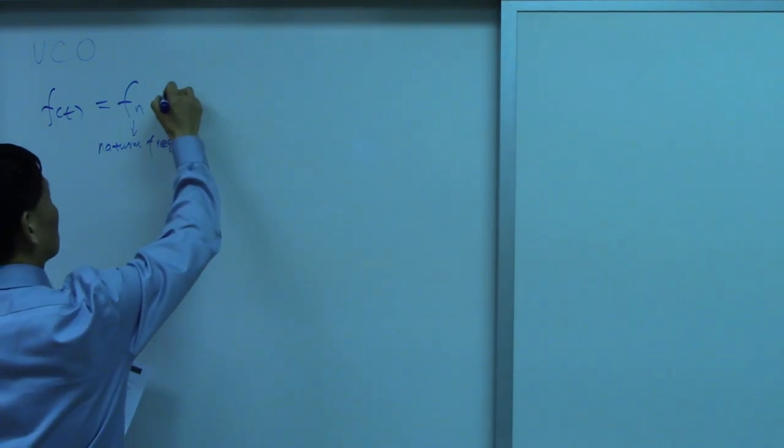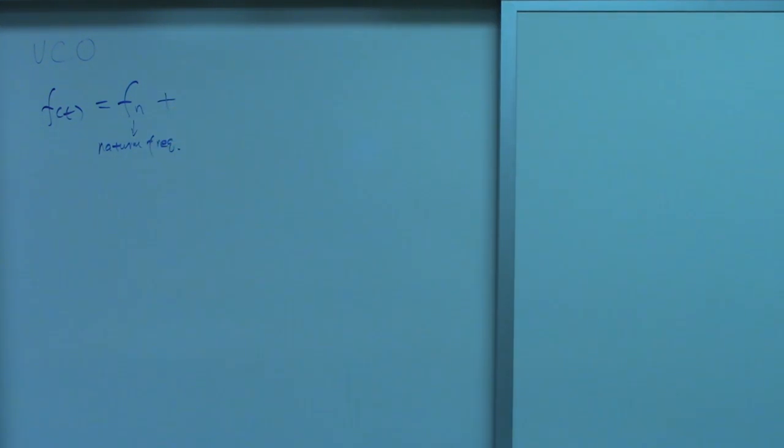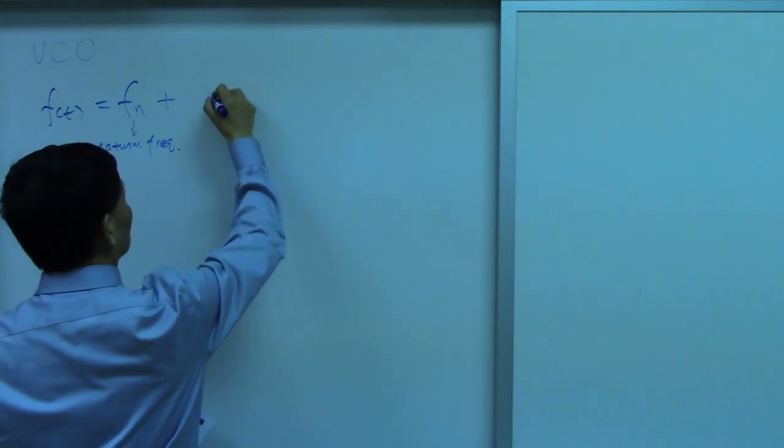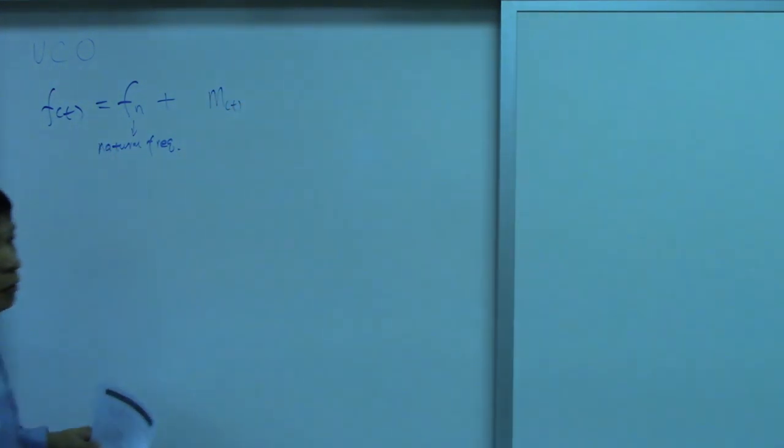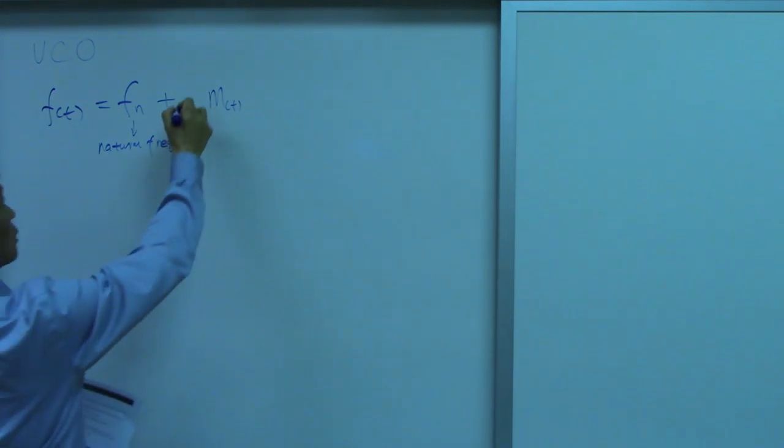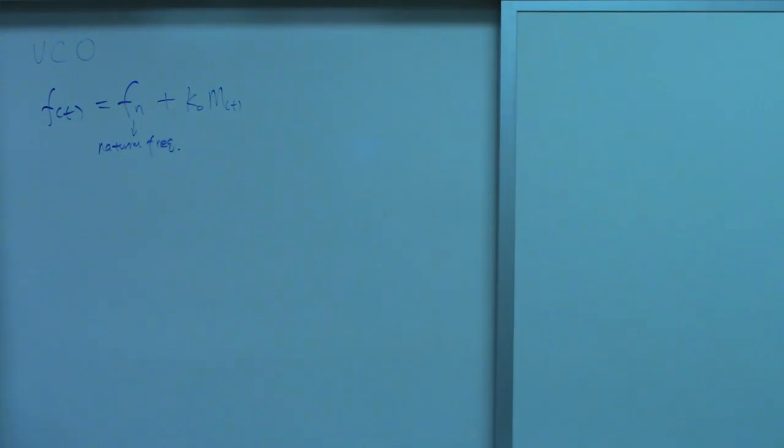Then it will add an additional term. This term is related to the voltage from outside, with some constant coefficient here, Ko. So this is the output frequency of VCO.